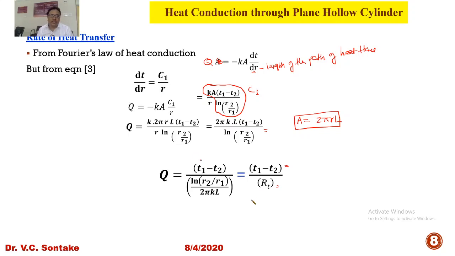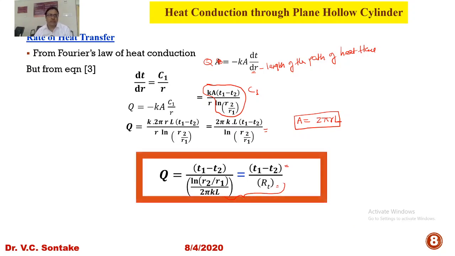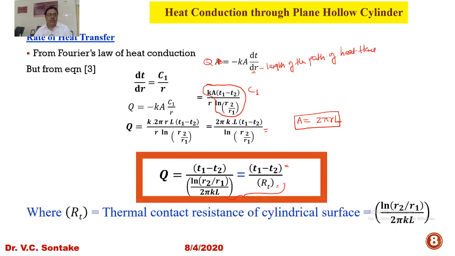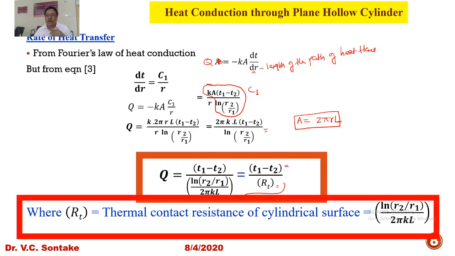If I compare these two equations, it will give me the value of RT, which is nothing but thermal resistance offered by cylinder or cylindrical surface, which is equal to log of R2 over R1 over 2 pi KL.